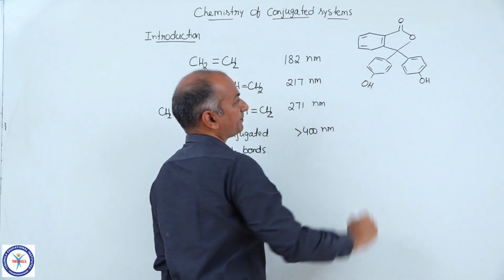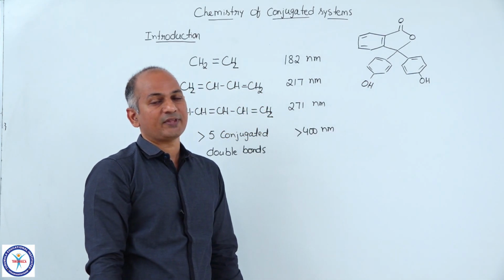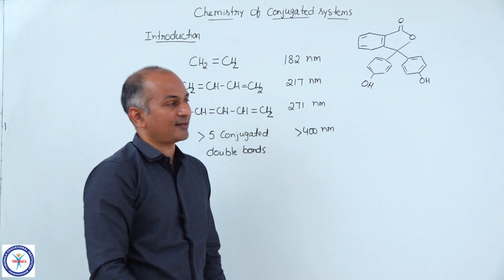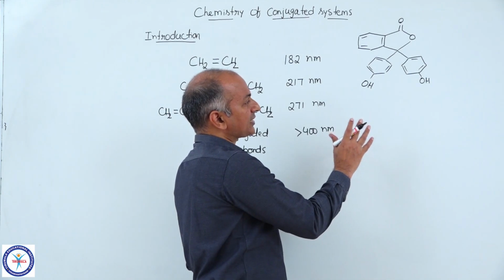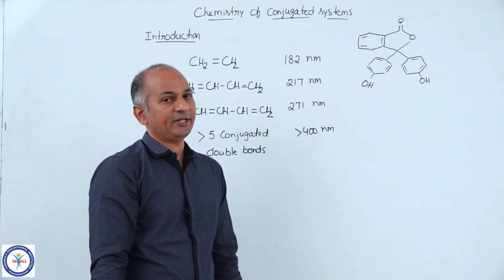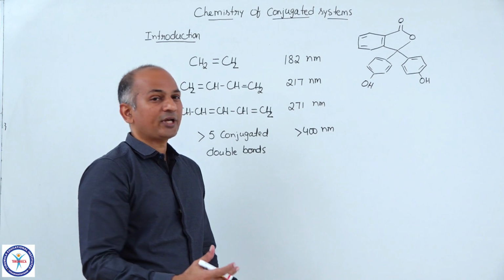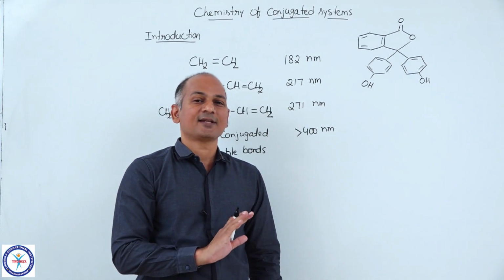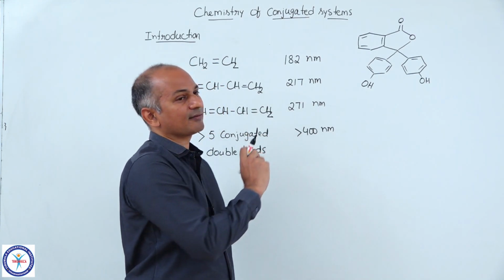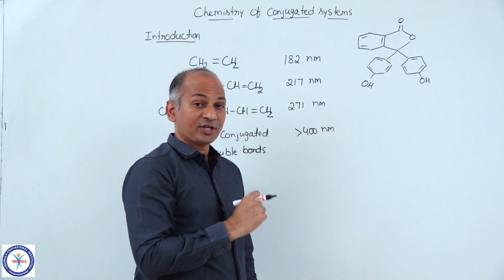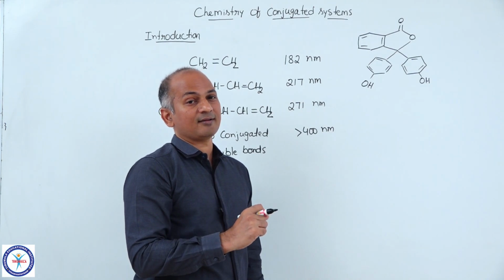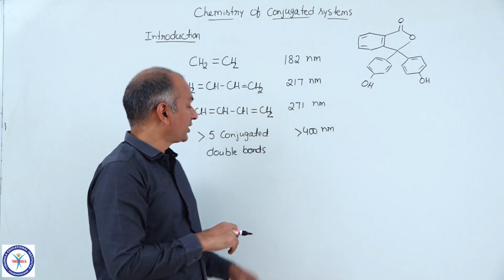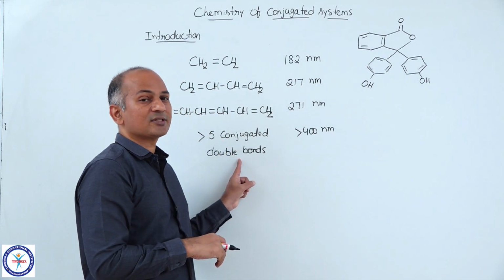All of you recall, it is the structure of phenolphthalein, one of the very useful dyes, useful indicators. This is the structure of phenolphthalein in acidic medium. And you recall, in acidic medium, what is the color of phenolphthalein? No color, it does not show any color. Observe it very carefully, whether that structure has more than 5 conjugated double bonds.